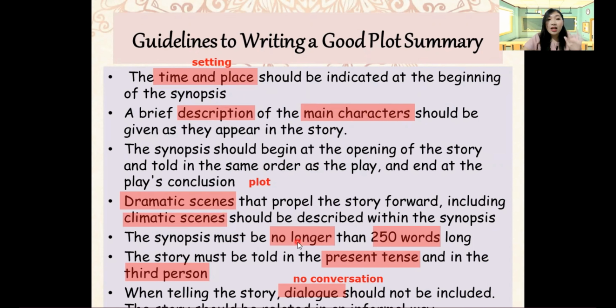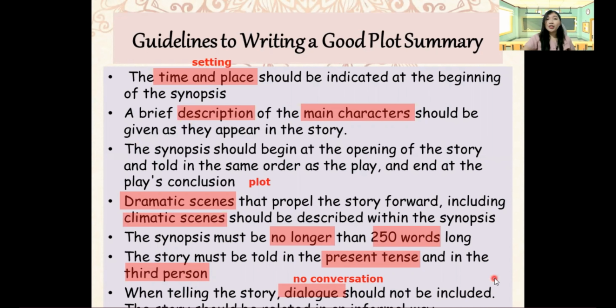Fifth is your synopsis must be short or, as much as possible, no longer than 250 words long. Sixth is that the story must be told in present tense and third person. And for number 7, there must be no dialogue or conversation included in your synopsis.